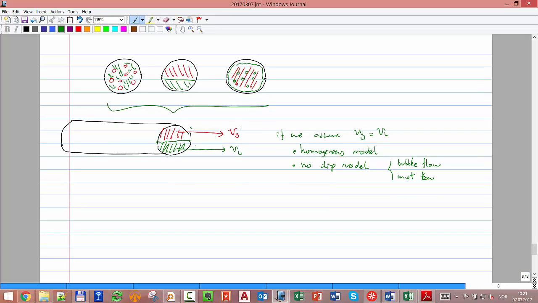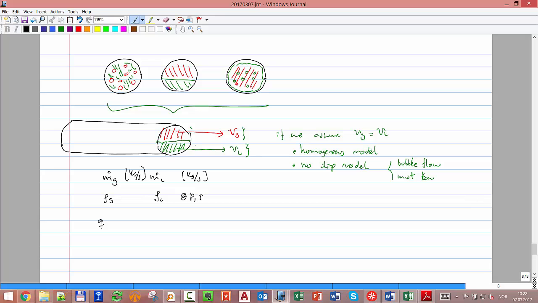So I'm going to ask you, how do we express that velocity? We can depart from, for example, the mass flow of the gas and the mass flow of the liquid. That comes in units of kilogram per second. Then we have the density of the gas and the density of the liquid at that particular point, at that particular pressure and temperature.